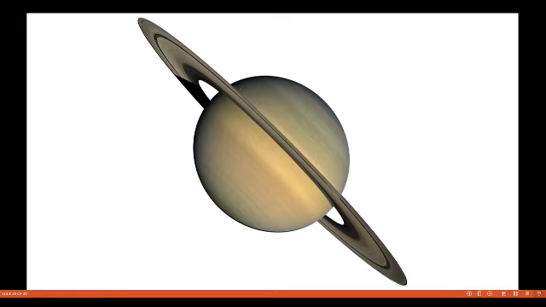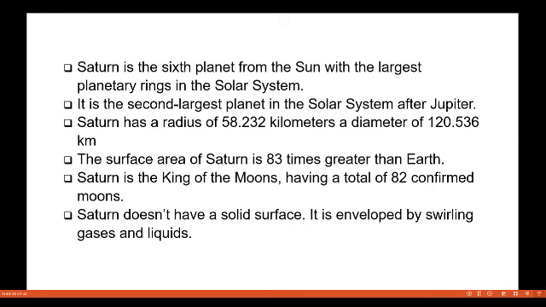This is how beautiful Saturn looks with its wonderful ring systems. Saturn is the sixth planet from the Sun with the largest planetary rings in the solar system. It is the second largest planet in the solar system after Jupiter.